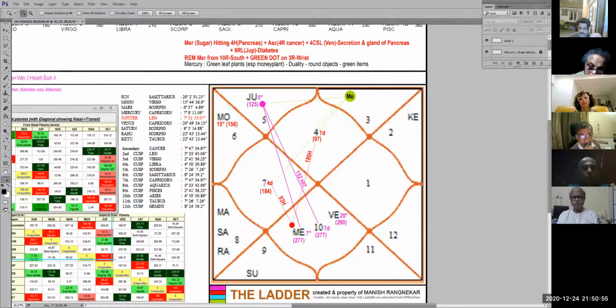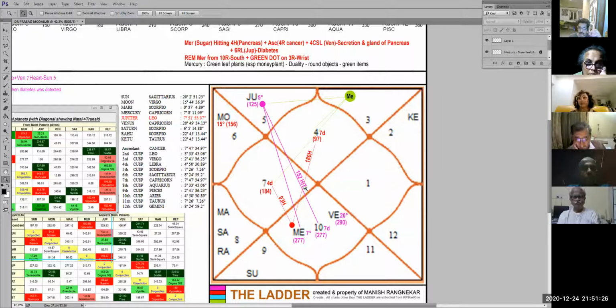So if you see here, Mercury, now here I have purposely put it in compound degree so that it is easy for you to calculate. Mercury is at 277 degrees compound. Your fourth house, whose Rashi Lord is also Venus, is at 184 degrees compound.